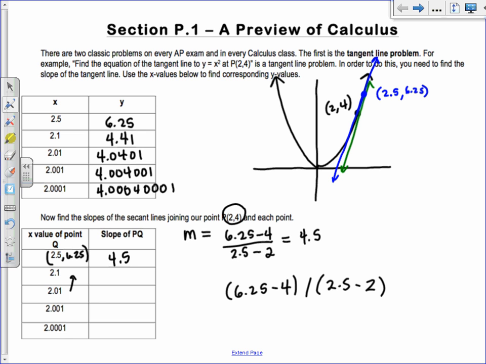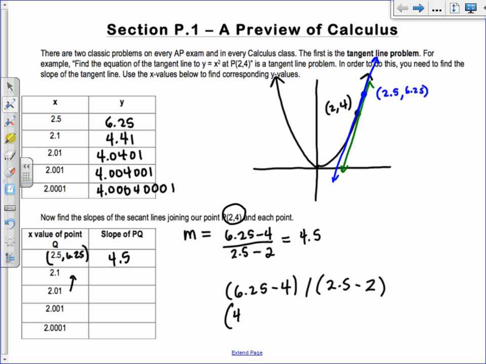How many of you can just arrow up and edit? Yeah, a couple of you can. If you can't, then do second enter, and that takes the last entry that you have and you can edit it. So instead of 6.25, I'm going to do 4.41 minus 4 over 2.1 minus 2.